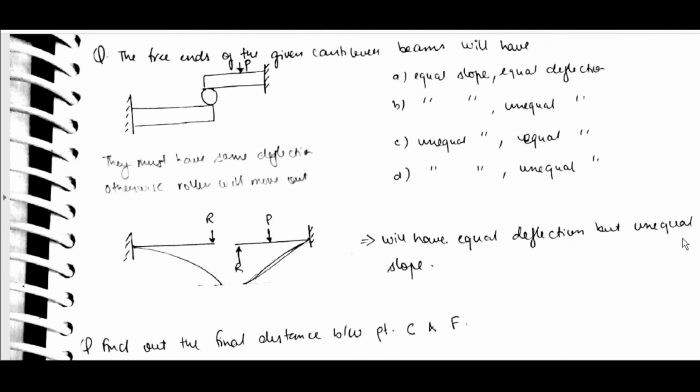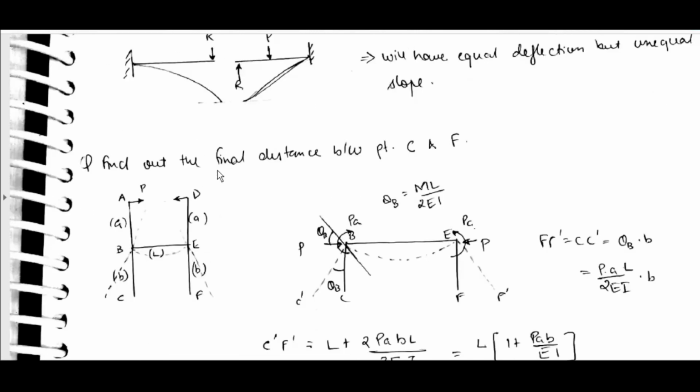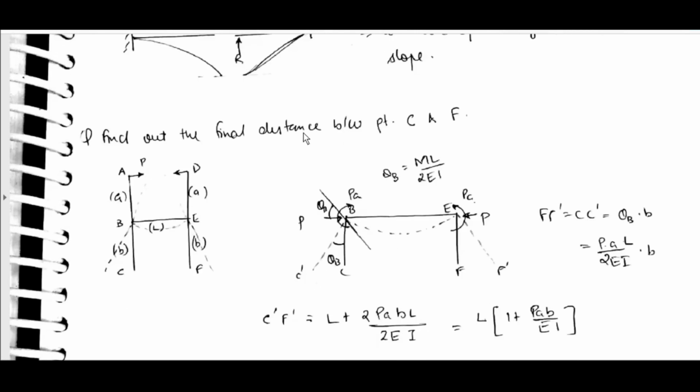They will have equal deflection, but unequal slope because this will be in this direction, this will be in this direction. Find out the final distance between C and F. Due to these forces, C will move in this direction, F will move in this direction.